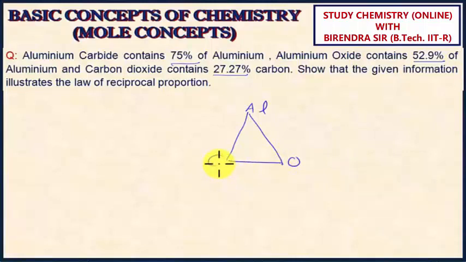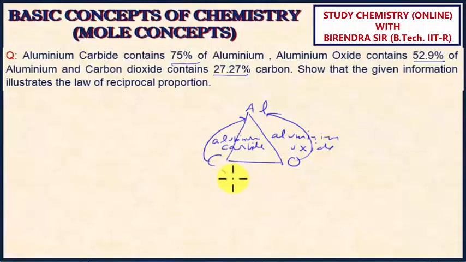In this particular case, I have taken carbon and oxygen as the first two elements. When carbon combines with aluminium, you get aluminium carbide. When oxygen combines with aluminium, you get aluminium oxide. And when carbon combines with oxygen, you get carbon dioxide.